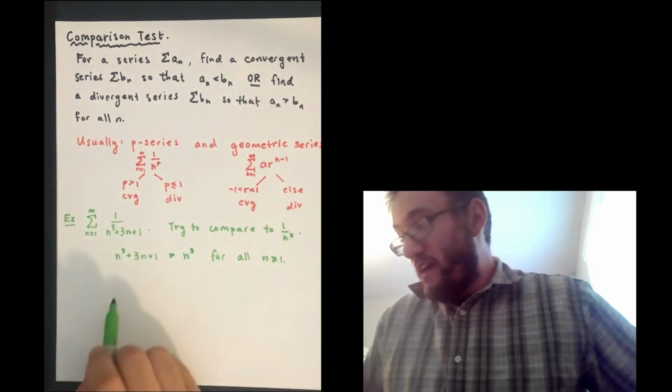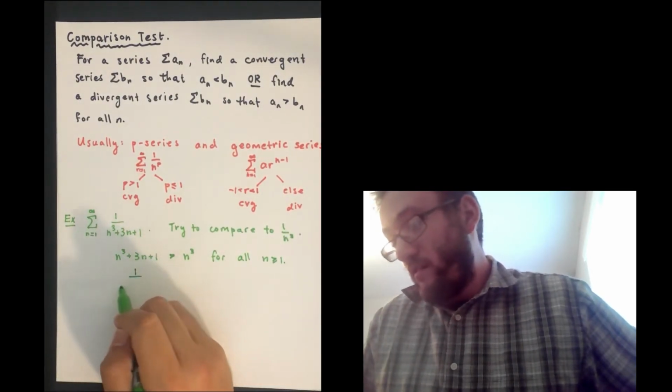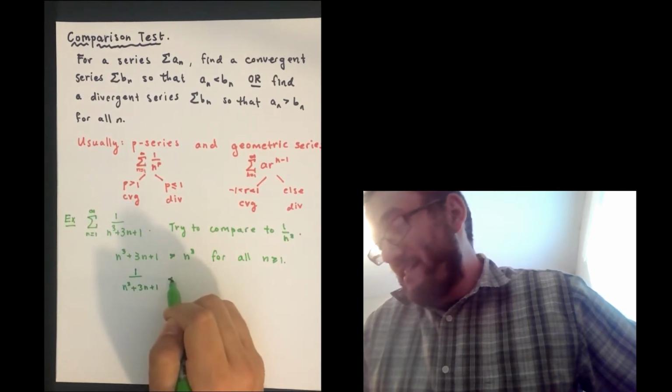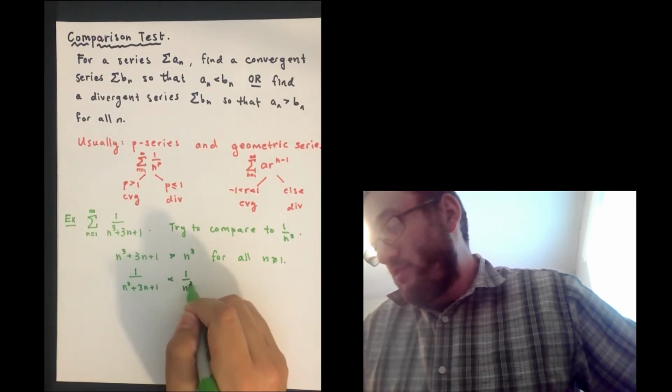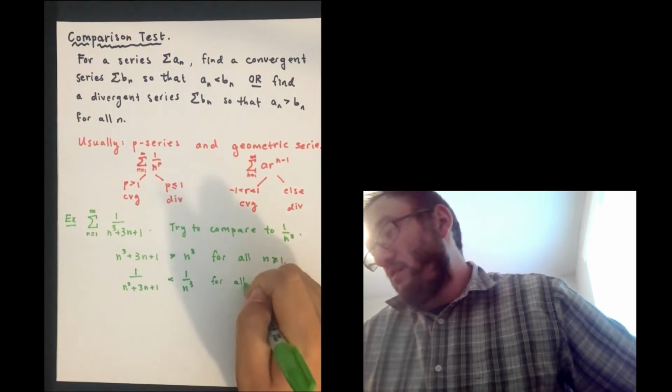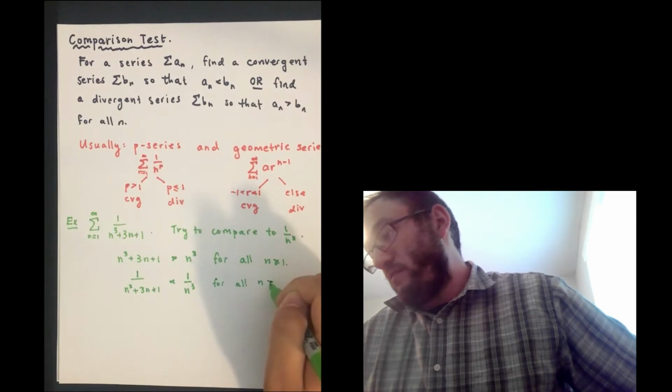So that means that 1 over n cubed plus 3n plus 1 is less than 1 over n cubed for all n greater than or equal to 1.